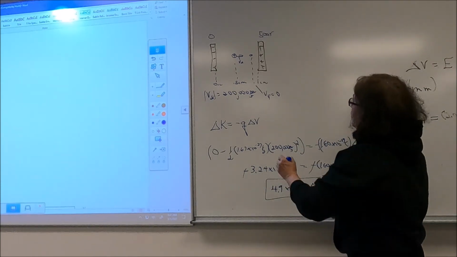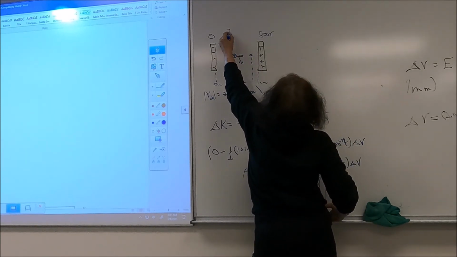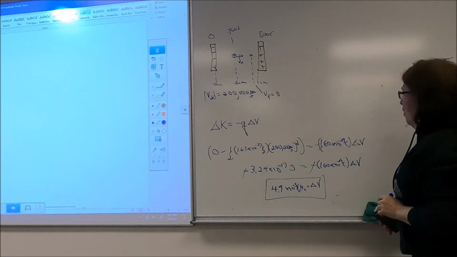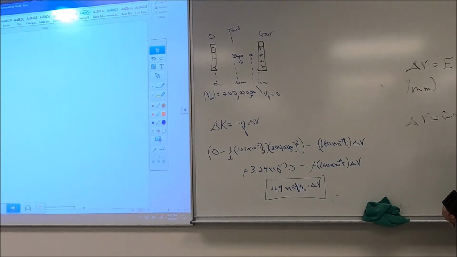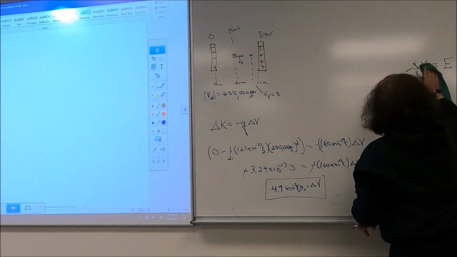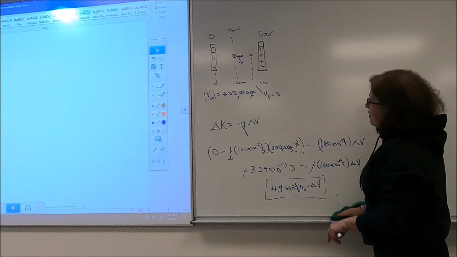Well, the difference between the midpoint and here would be 250 volts, and that's 500 volts. 4.9 times 10 to the minus 3 volts is a heck of a lot less than 500 volts. That poor proton doesn't go anywhere at all before it turns around and starts going in the opposite direction.